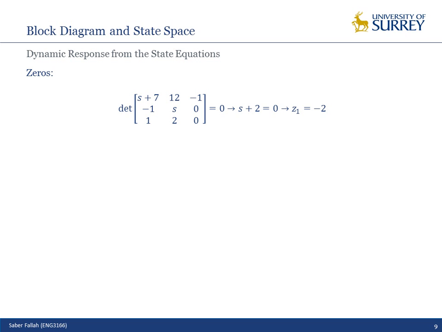The first row and the second column, -1 by 0, 0 by 1, 0. The first row, third column, I will have -1 multiplied by -1 by 2, -3, minus s. So -2, minus s multiplied by -1 will be s plus 2 equal to 0. So I have a zero at -2.